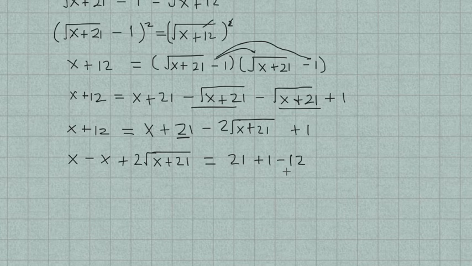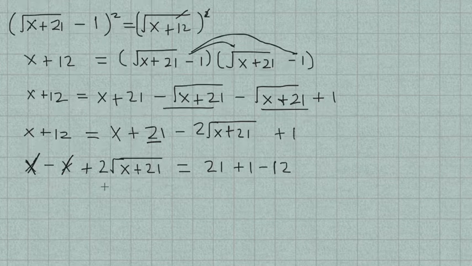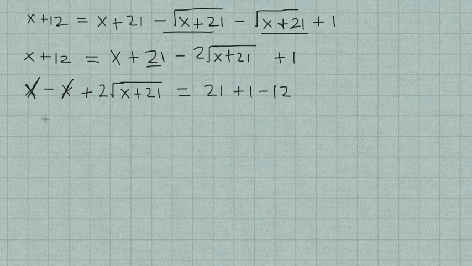So now let's carry out this arithmetic. x minus x is going to be 0, right? Then we'll be left with 2 times the square root of x plus 21, which is equal to 21 plus 1 is 22, minus 12, we have 10.